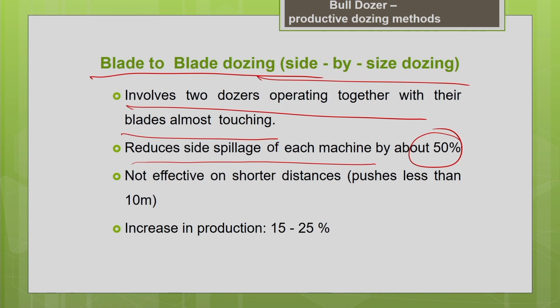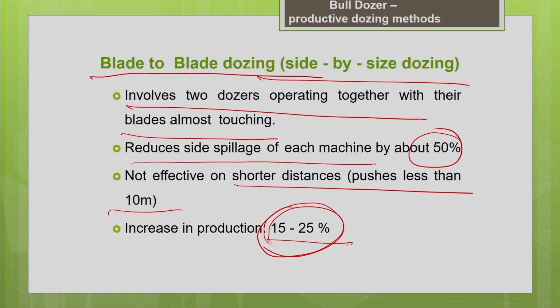That is why I cannot adopt this method for a very short distance, say less than 10 meters. Because of the increase in maneuvering time, the effective increase in production will be about 15 to 25%.